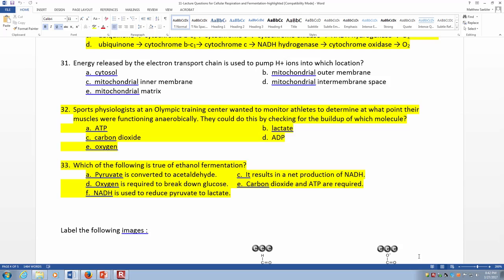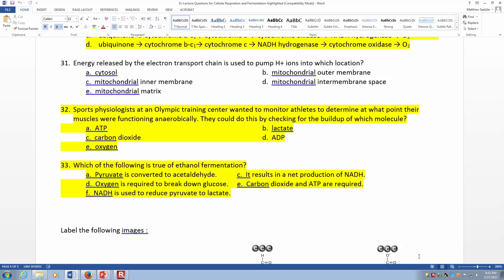Remember that this happens during the regeneration of NAD+. The first thing you do in alcohol fermentation, once you produce pyruvate, is break it down into acetaldehyde and carbon dioxide, and then the acetaldehyde is reduced to ethanol.